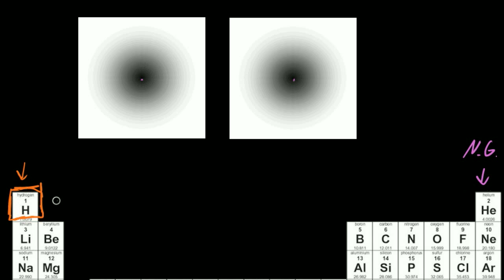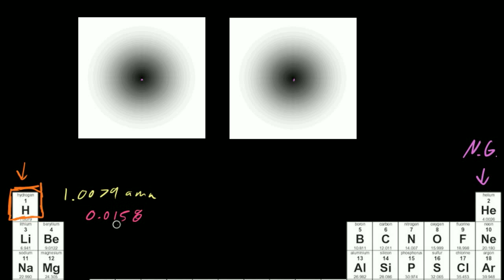For hydrogen, remember that hydrogen's atomic mass is 1.0079 atomic mass units. I forget exactly the figure, but the vast majority of hydrogen atoms have no neutrons. I think it's 0.015%, and I mentioned the percent abundance in a previous video, so don't memorize this figure.